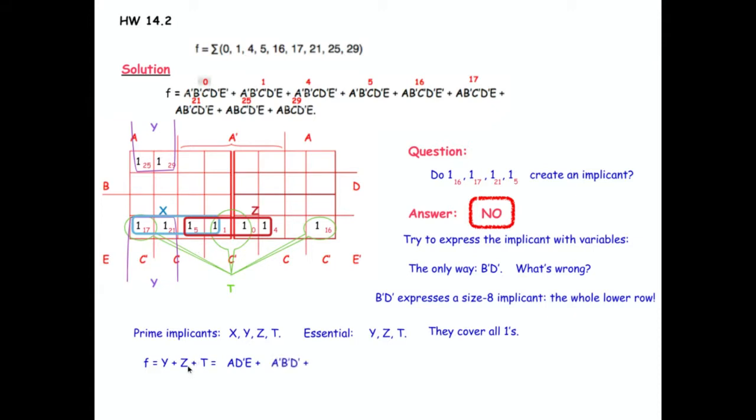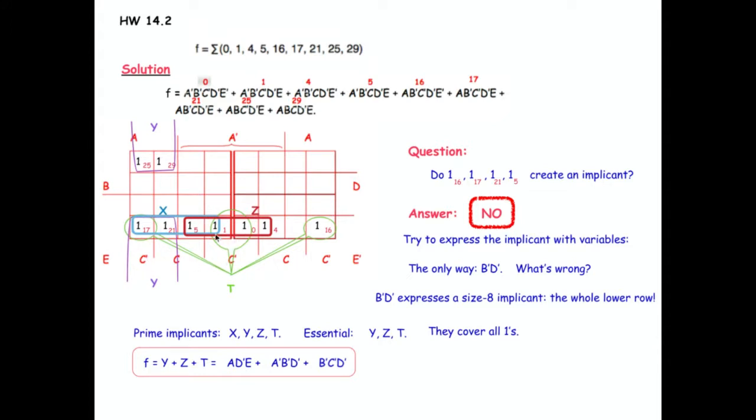Then we have Z, which is entirely within A prime. It's entirely below the equator, that's B prime, and it's entirely in this bottom stripe, which is D prime. And the last one is entirely C prime.